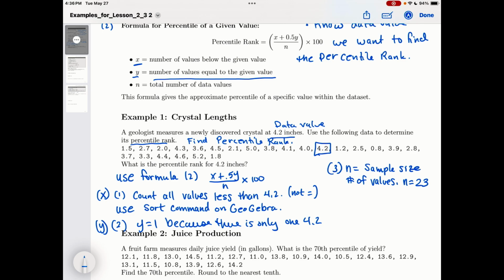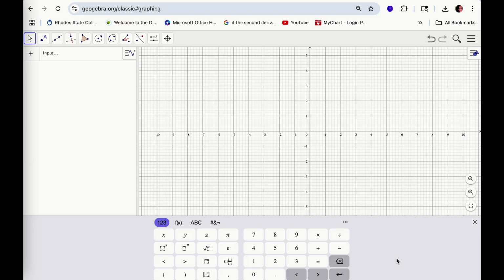Now, let's jump over to GeoGebra for a moment so that I can remind you how you can sort the data so that it makes it easier to find what you're looking for. The first thing you want to do is put your data values in the spreadsheet.